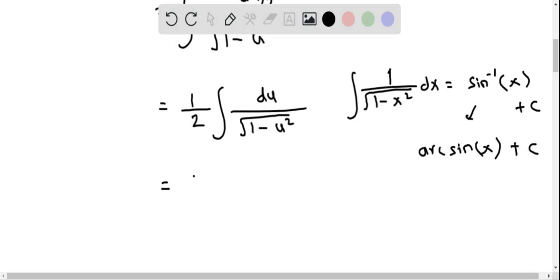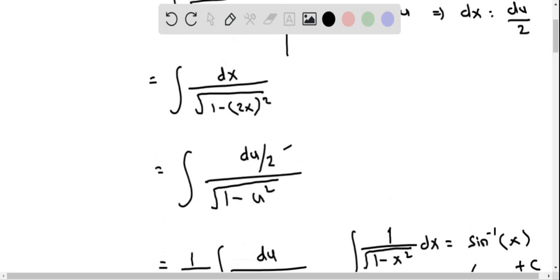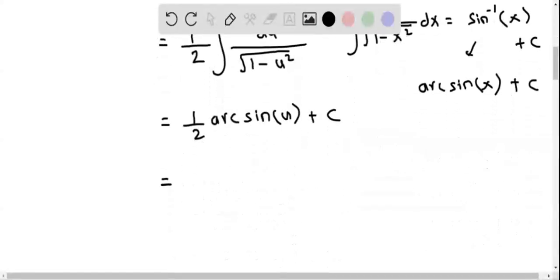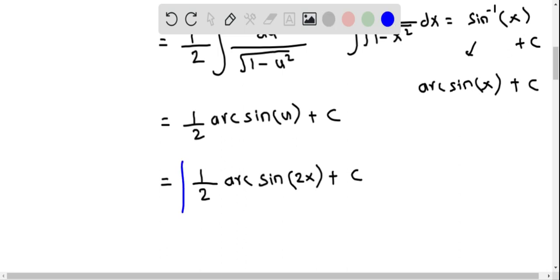And so therefore this equals a half of arcsine u plus the constant of integral c. Now we do the back substitution for u, that is 2x. So therefore this equals half arcsine of 2x plus the constant of integral c. And so this is the result of the given integral.